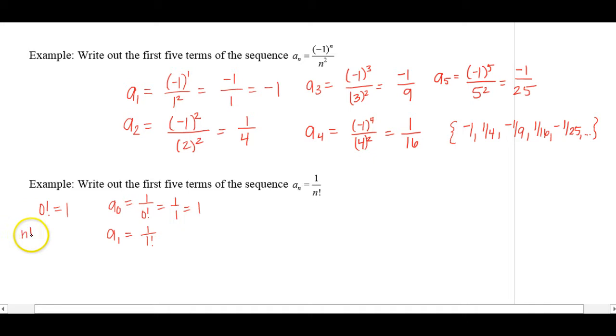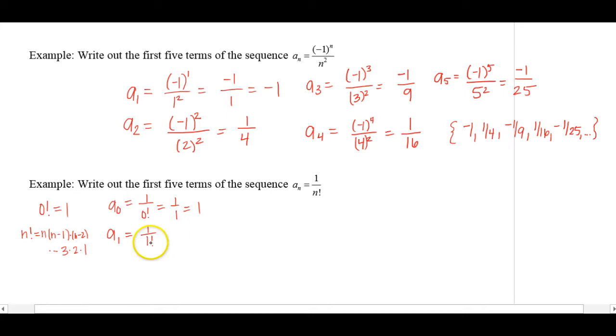So in general, n factorial means that we're going to multiply by every integer less than n ending with 1. So n factorial is n times n minus 1 times n minus 2 dot dot dot, multiplying all the way down to 3 times 2 times 1. So we multiply by every integer from n all the way up until 1.